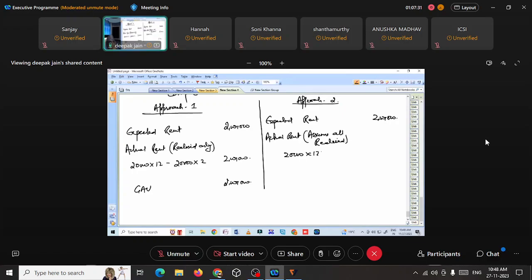Whichever is higher is 2,40,000. Then reduce unrealized rent. How much is unrealized rent? 40,000. Balancing figure is the GAV. So it's a matter of chance. The answer may be same under these two approaches, may not be same.